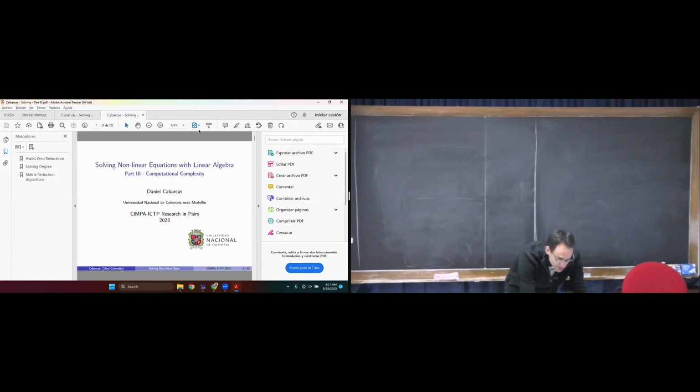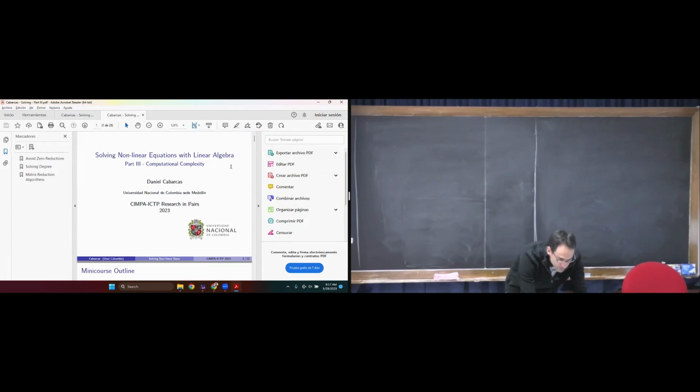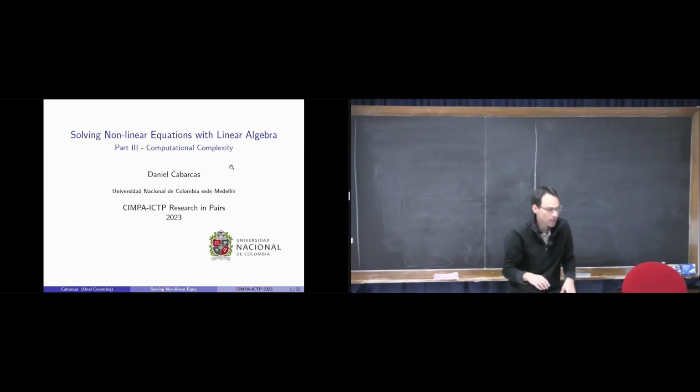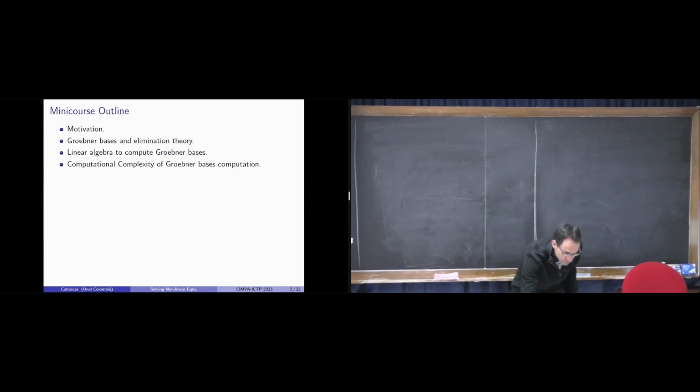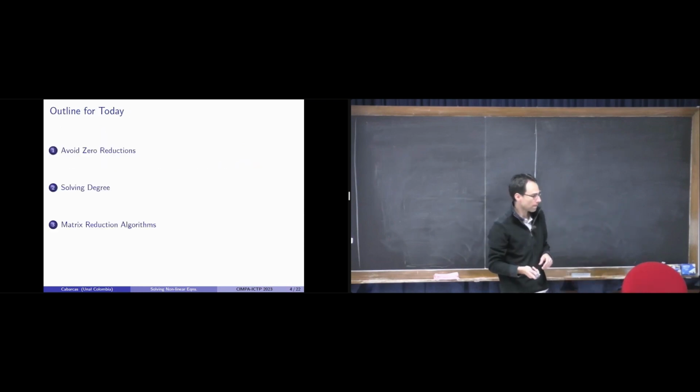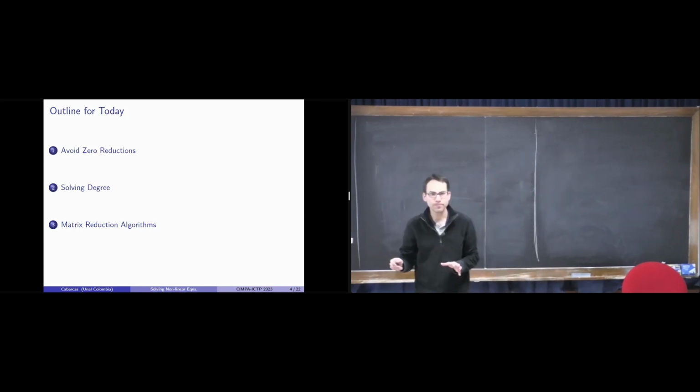We're going to start the third part, which is in general about the computational complexity of these solving methods. It's going to include three topics. We're going to talk about avoiding zero reductions, and we're going to start that topic today.